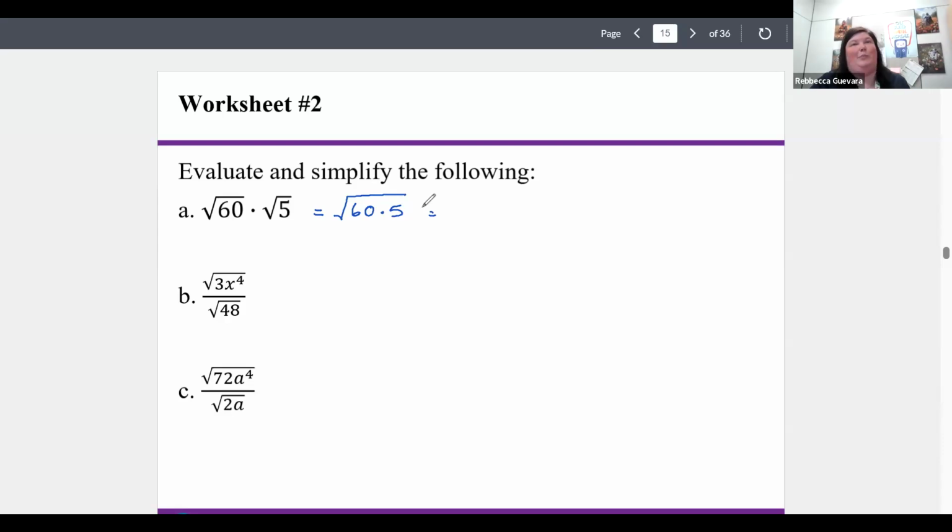But remember, we're going to have to break it down anyway to see if we have any multiples of prime factors. So if we take 60, well, 60 is divisible by 5. So 60 itself is just 5 times 12, and then we still have that other 5 here. And 12 is divisible by 3, so 5 times 3 times 4 times 5.